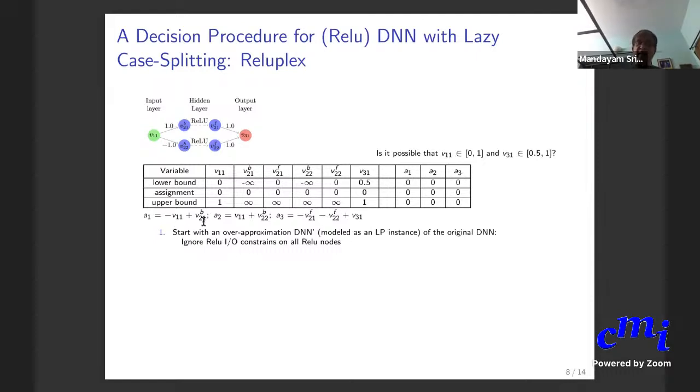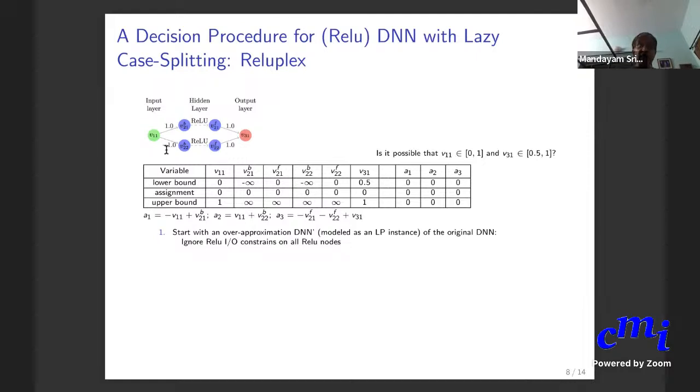Since they are just equations and the values have to be strictly equal, the lower and upper bounds are set to 0.